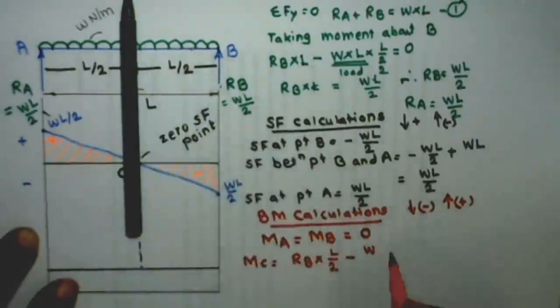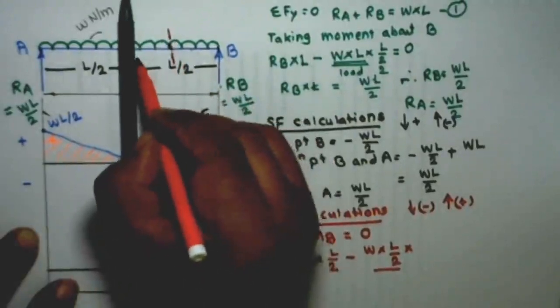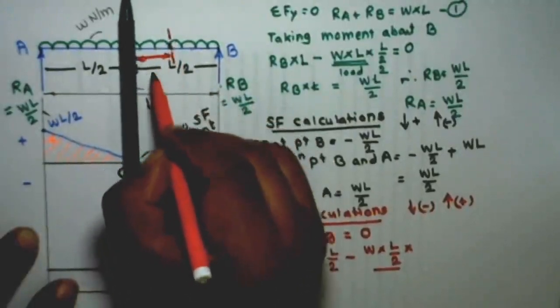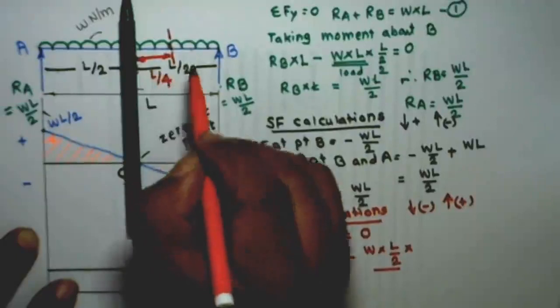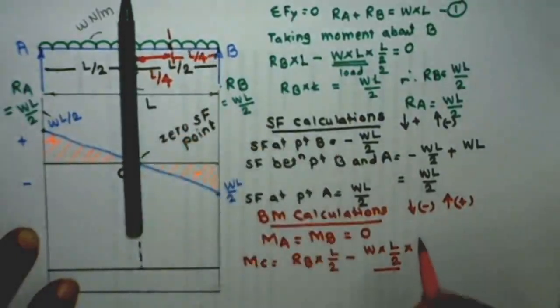UDL load is W into L by 2, and this UDL is acting at the center because we are considering the span BC only. So this becomes L by 4.